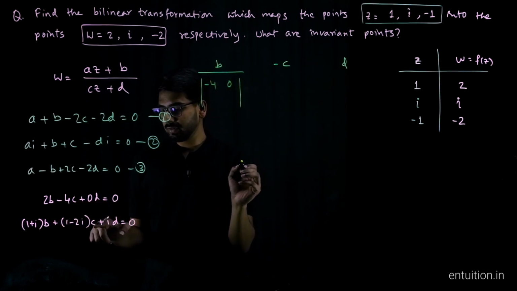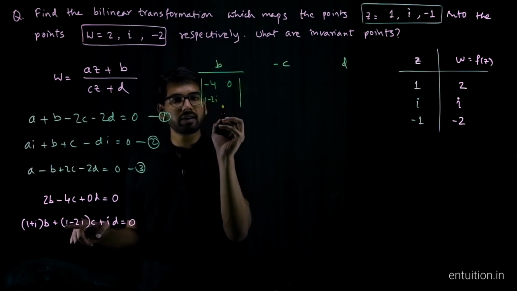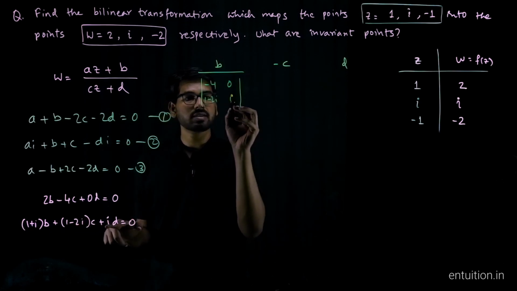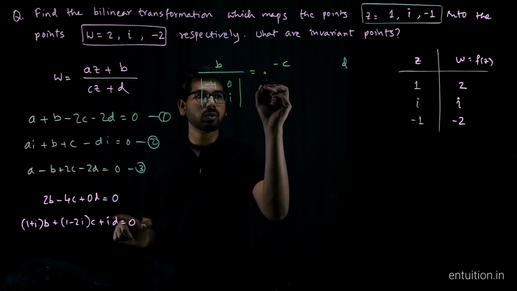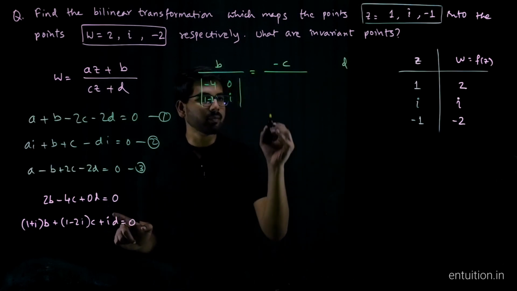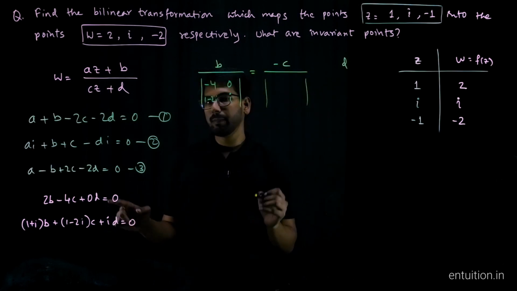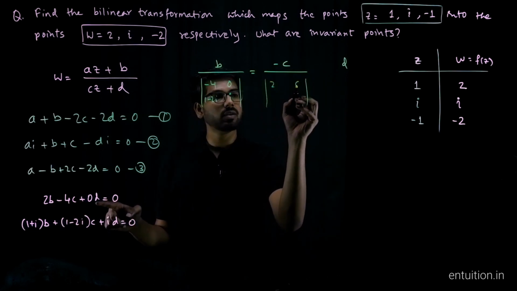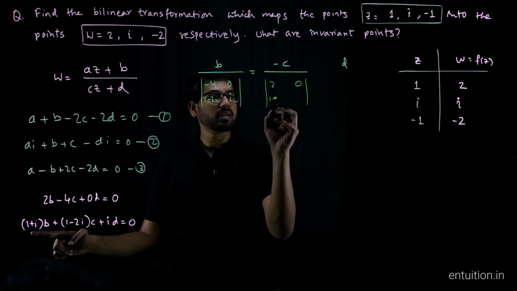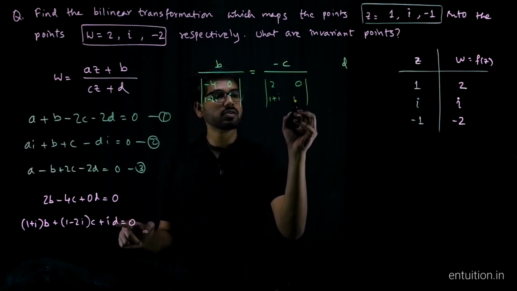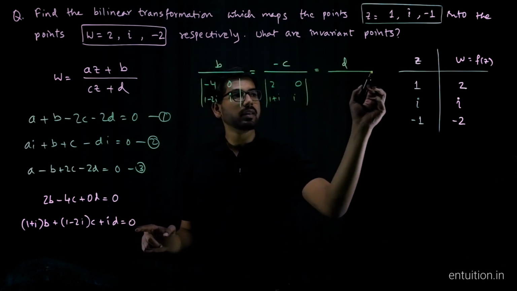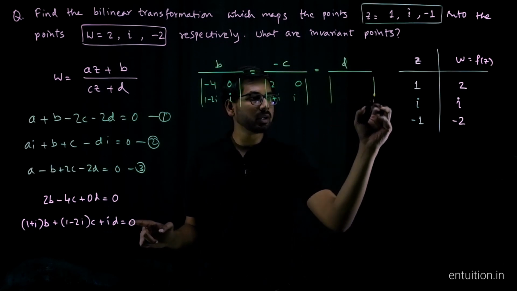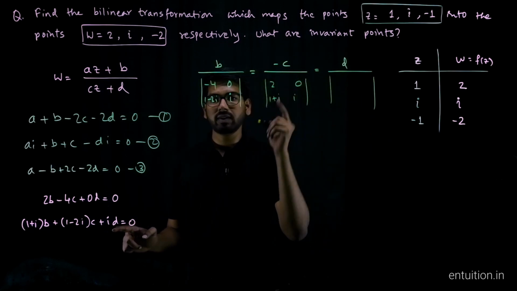In the second equation, the coefficient of c is a complex number, 1 minus 2i, and the coefficient of d is just i. This is equal to, in the denominator of minus c, the coefficients of b and d: the coefficient of b is 2, the coefficient of d is 0; the coefficient of b is 1 plus i, a complex number, and the coefficient of d is just i. This is equal to, in the denominator of d, the determinant of the coefficients of b and c.